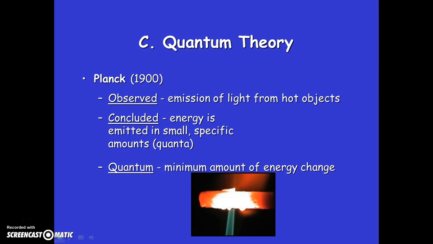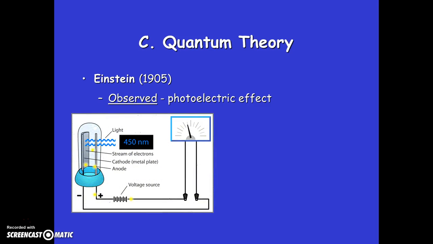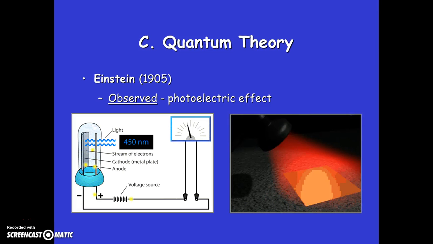called quanta. And so a few years later, Albert Einstein, whom we all know, observed something called the photoelectric effect, where when a light was shined onto a piece of metal at a certain wavelength, it emitted a stream of electrons.